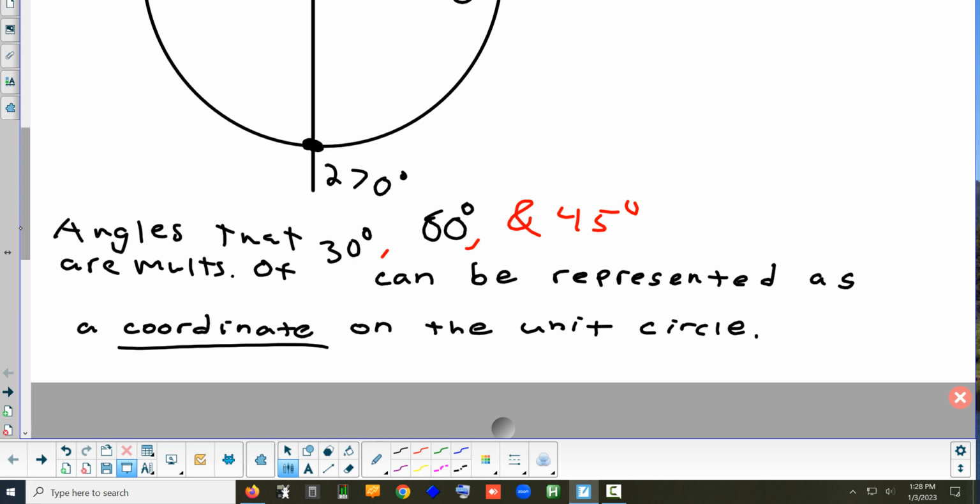Multiples of 45 would be numbers like 45, well 90, but we already said that, 135, that's 45 times 3, 180, 225, 270, and 315. And there's some overlap, like 90 is a multiple of both 30 and 45.